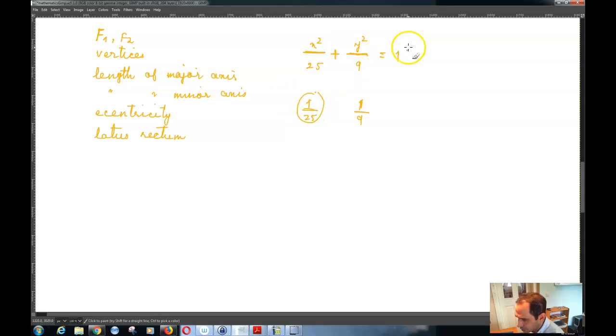That means that the major axis of this ellipse is along the x-axis. So that is one thing that I know about this ellipse.